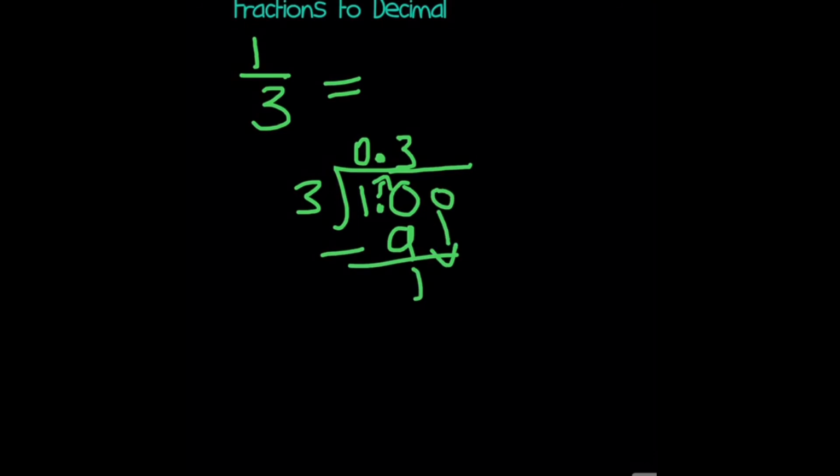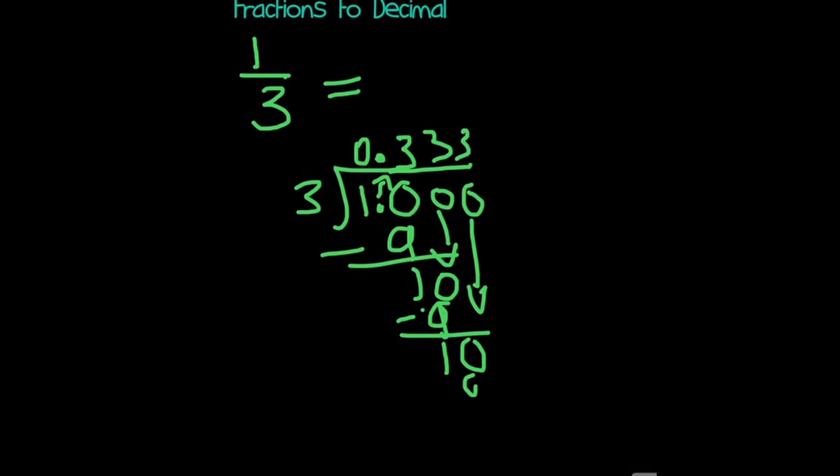Here, again, there's a problem that you run into: it will be a repeating decimal, meaning I keep on adding those zeros and it's not really going to do anything. It's going to keep giving me a 1, remainder of 1. I can't really write R1 because I already made it into a decimal. I talked about this in the previous video.